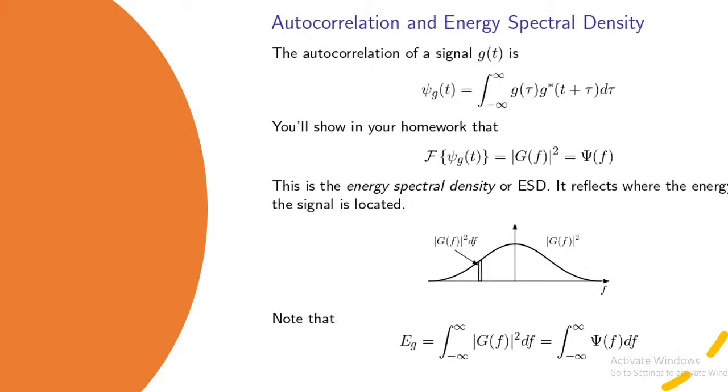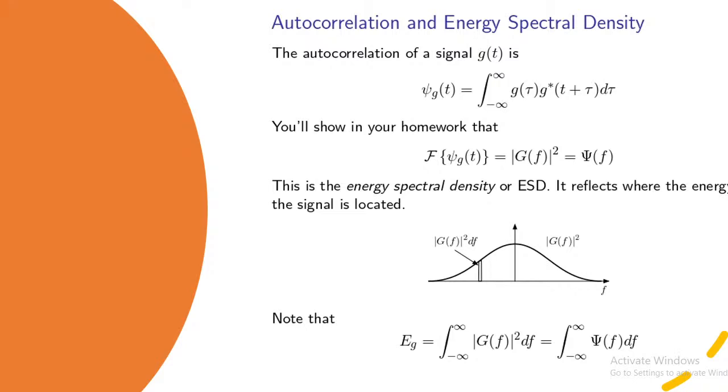It is the integration from minus infinity to infinity of g(tau) into g star (t plus tau) d tau. Since it is integrated over tau, the right hand side will be a function of t. So this gives you the signal autocorrelation.